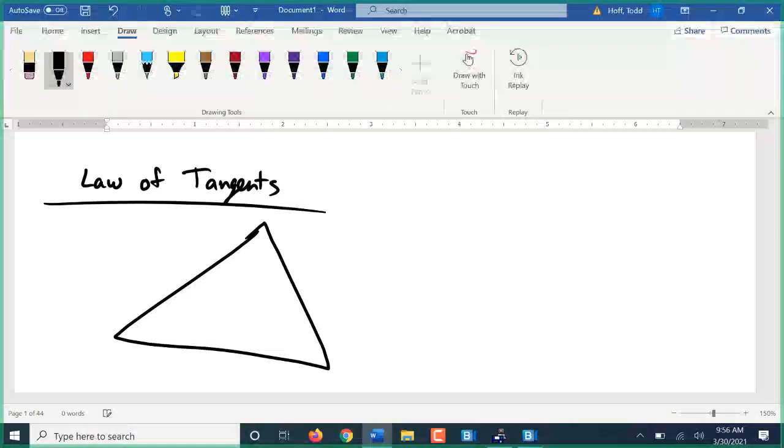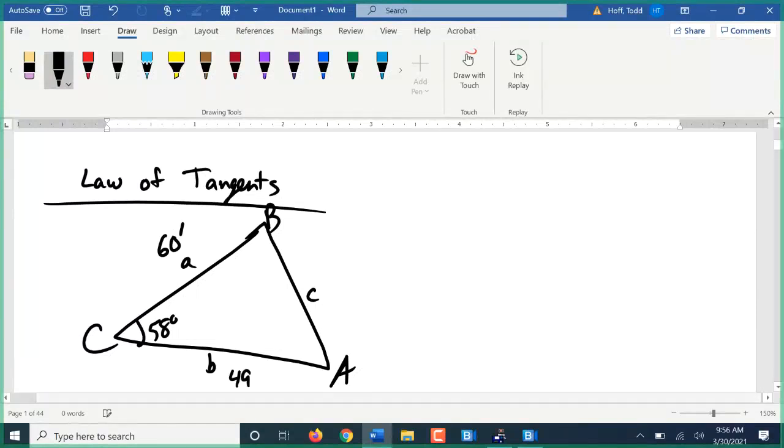It comes into effect when we have something like this. Let's say I know that this angle here is 58 degrees. I know that side A is 60 feet and side B is 49 feet.